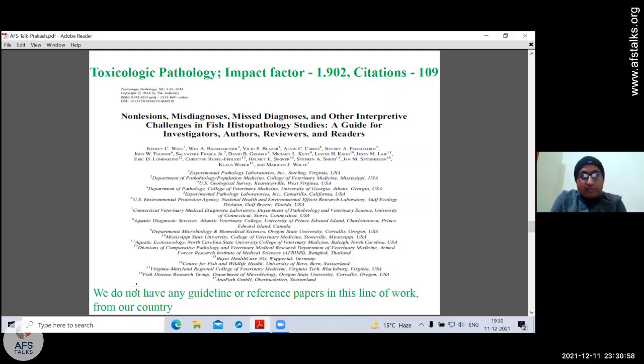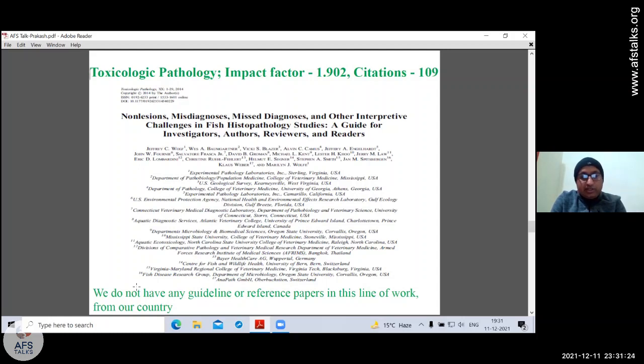This is one of the Bible papers to study histopathology in fishes. That's why I'm showing it here for the students who are interested in learning this subject. They can go through it and find it interesting.